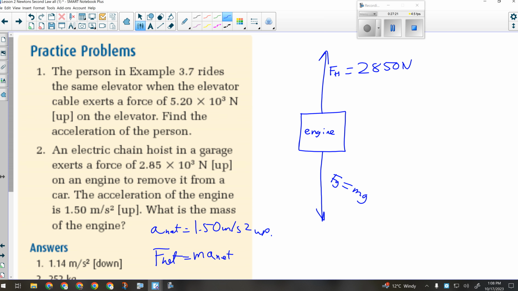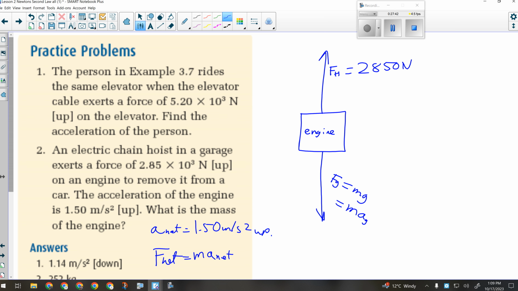As long as I remember this, though, I can. Newton's second law says that net force equals mass times net acceleration. We never actually write the net, but it's there, it's true. If I look at the formula for the force of gravity, it's Fg equals m times g, mass times acceleration due to gravity.